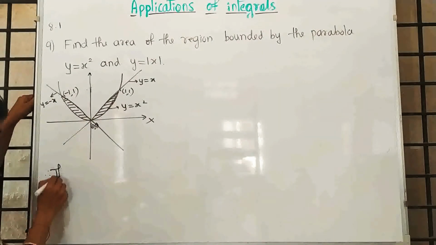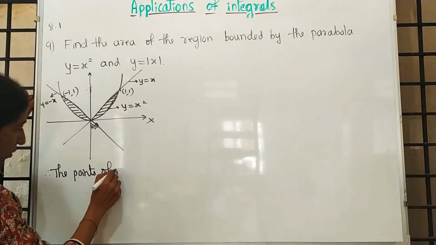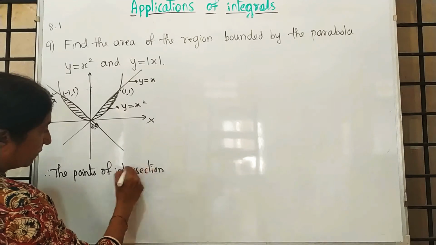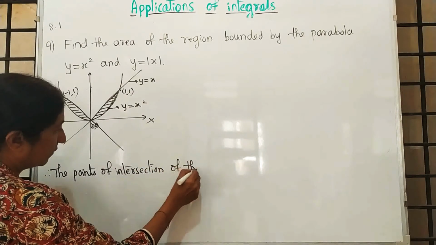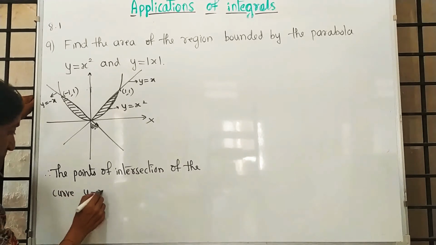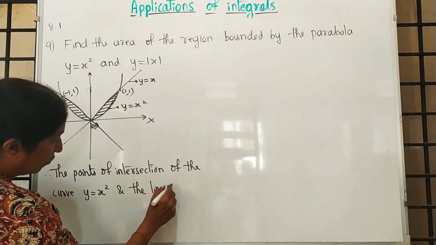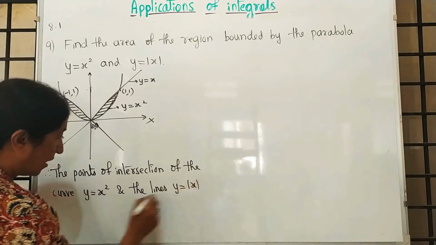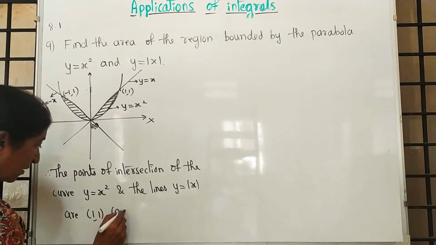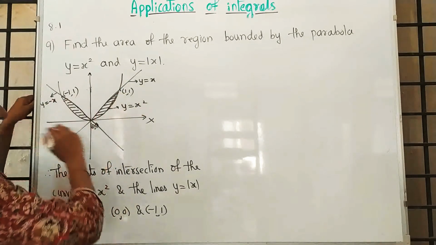write down the points of intersection of the two lines and the curve. Therefore, the points of intersection of the curve y is equal to x square and the two lines are 1, 1, 0, 0 and minus 1, 1. I marked here.